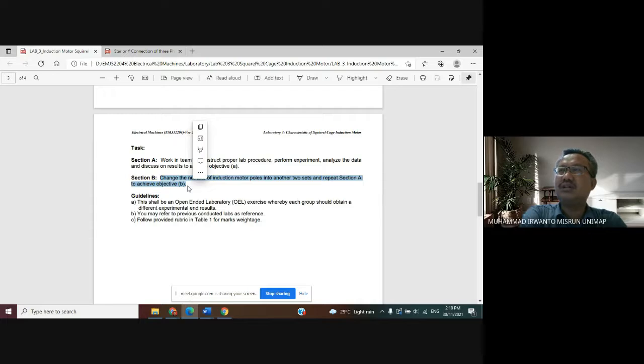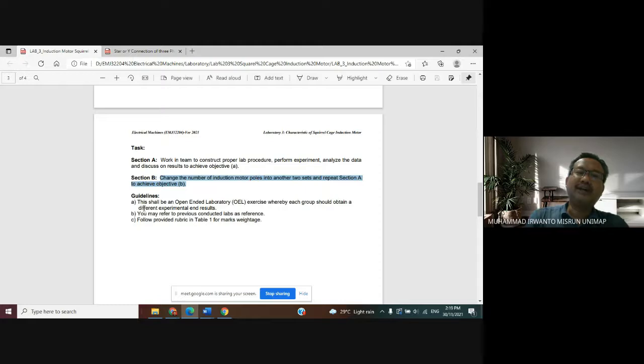Now for section B, the fault number changes for 2 sets, for example to 4 and to 2. Then follow section A, meaning vary the value of the resistive load and observe all the parameters for the motor input and also the motor output.